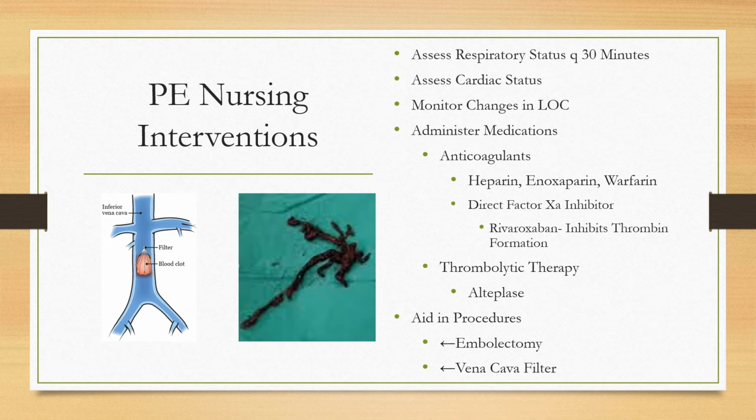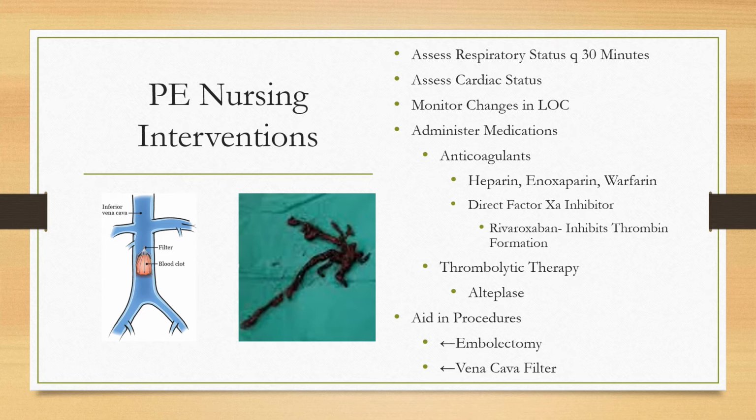So the anticoagulant effect of heparin and enoxaparin work right away. Sure, we can start them on warfarin knowing that it's going to take 3, 4, or 5 days for the warfarin to take full effect. And once it takes full anticoagulant effect, we can stop the heparin or the enoxaparin and continue on with warfarin.